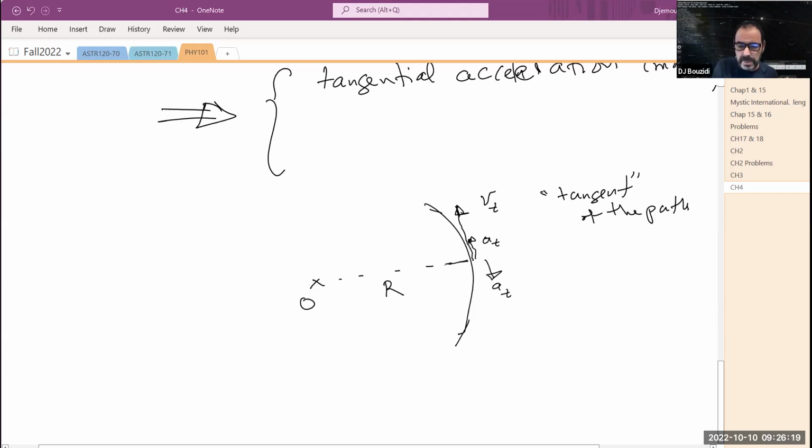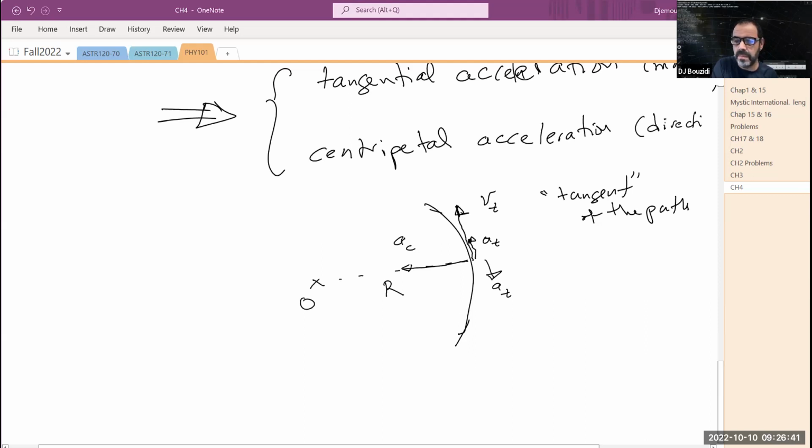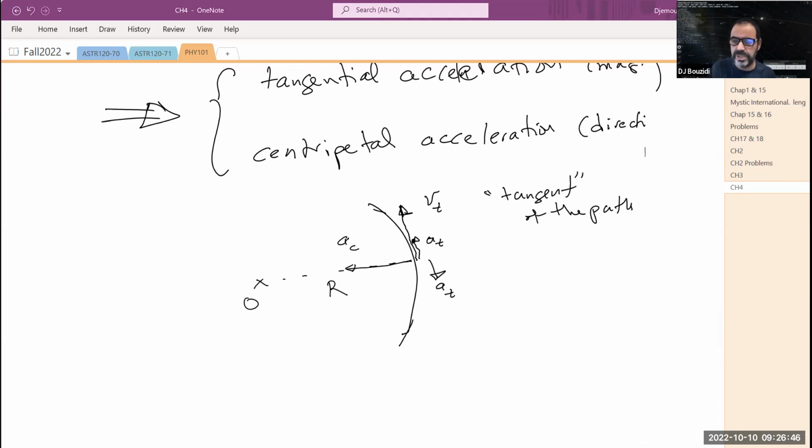But then there is another component perpendicular to that, and that is what we call the centripetal acceleration, and usually we address it with a C. So in addition to the tangential, there is the centripetal acceleration, and this handles the direction. There are two types of accelerations, one that is going to change the magnitude and one that is going to change the direction. In general, you have both of them.